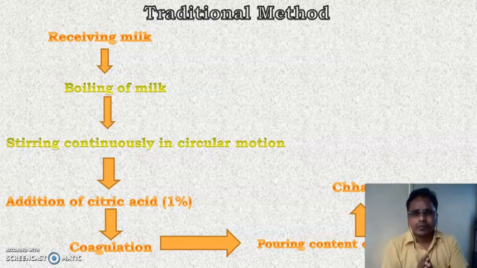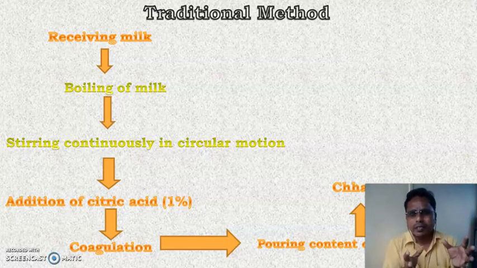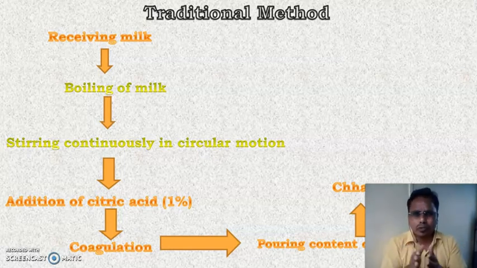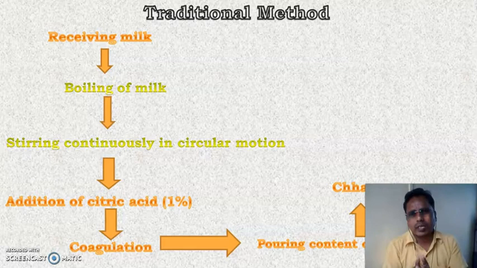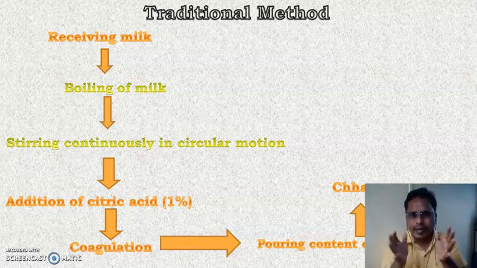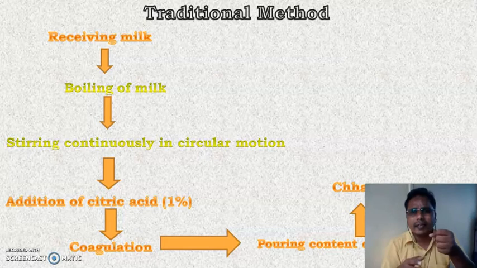And when we think that the milk is liquid, this whey is completely clear now. It's a clear solution, and in that case, it is allowed to strain. For the straining purpose, again we take a clean, washed muslin cloth, and this coagulated milk is poured over it, and the muslin cloth is allowed to hang.